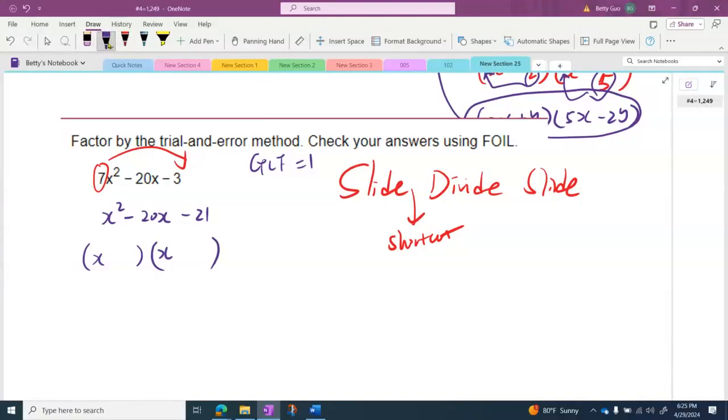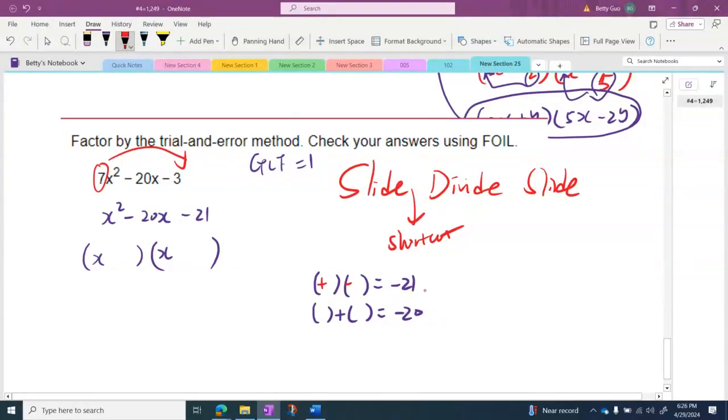And we need to find two numbers that multiply to negative 21 and add up to negative 20. When we look for two integers that multiply to a negative and add up to a negative, we know the two integers must have opposite signs, and the negative number has a bigger absolute value. And which two numbers satisfy?